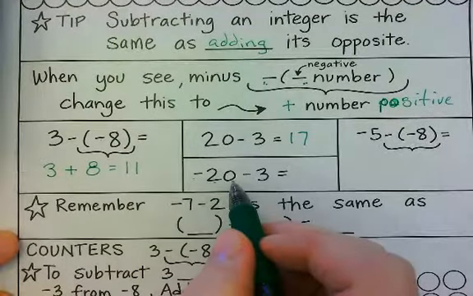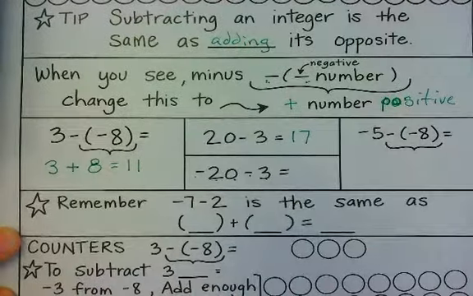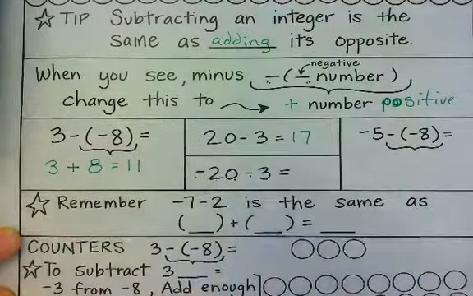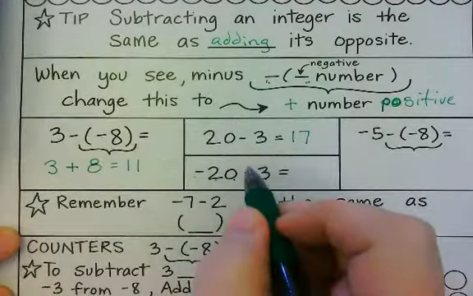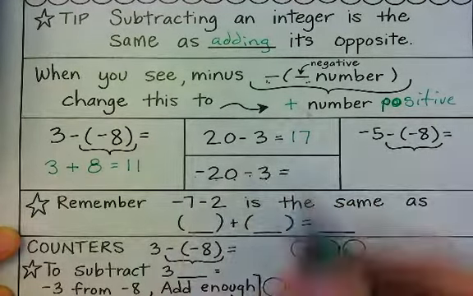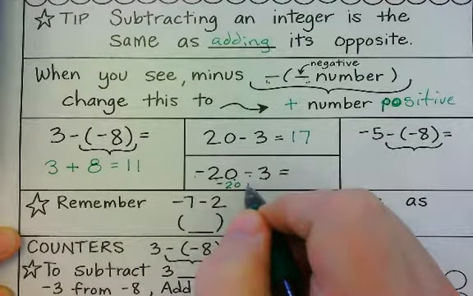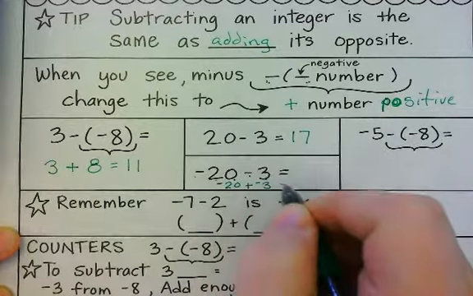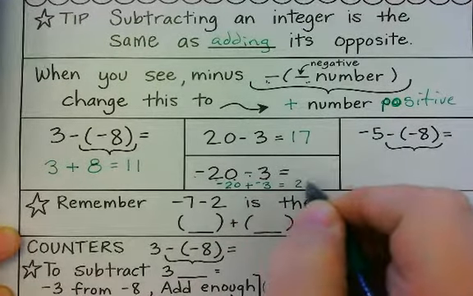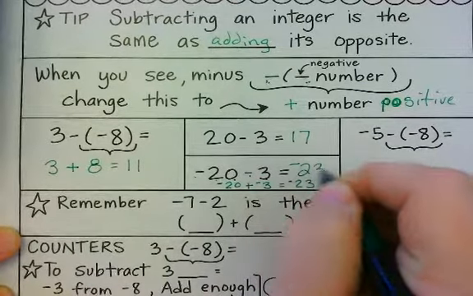But when I have negative 20 minus 3, because it's just one negative, I'm going to subtract more. We're going to use the other property that we learned previously, that we add those two negatives together, and then we keep the sign, so it is a negative 23.